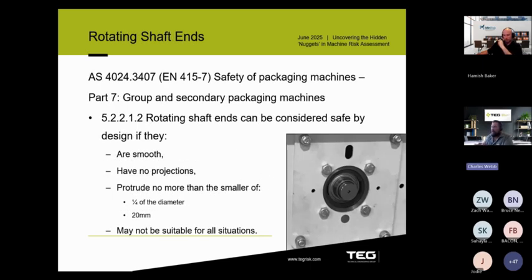So here's another one that we come across a fair bit. So this is safety of packaging machines. That's been locally observed as 3407, that's AS 4024.3407, and that comes from EN 415-7. So this is about group and secondary packaging machines.